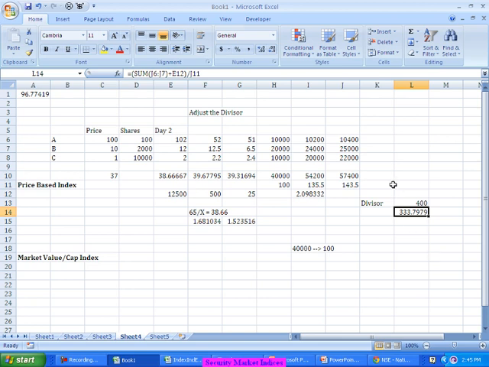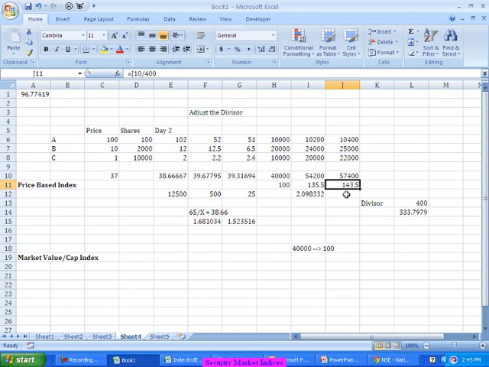Right, so which means here I will replace this with 12,500. Then my index will still be at 143.5. Now the divisor is changing. So from tomorrow onwards, I'll use the new divisor 333.79 to calculate the index. So the index will change only based on the real price performance of the individual constituents, but not because of any kind of administrative actions.